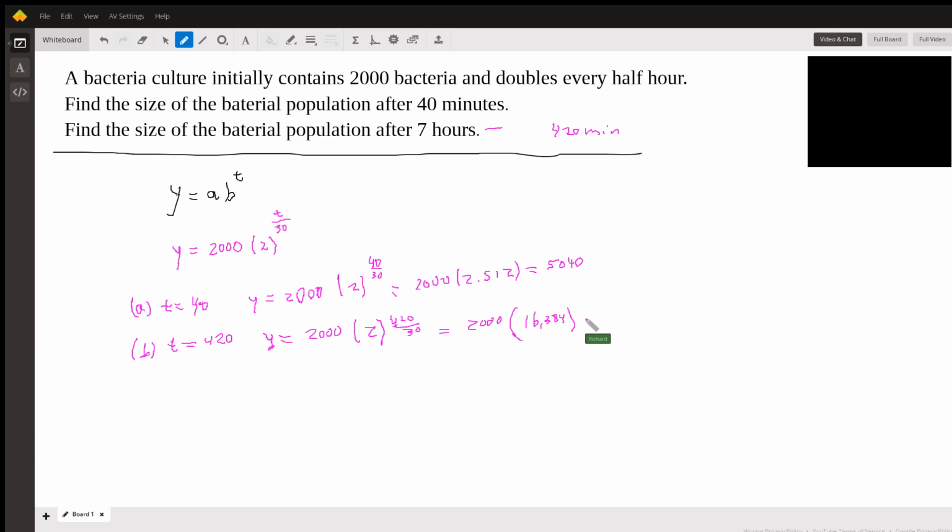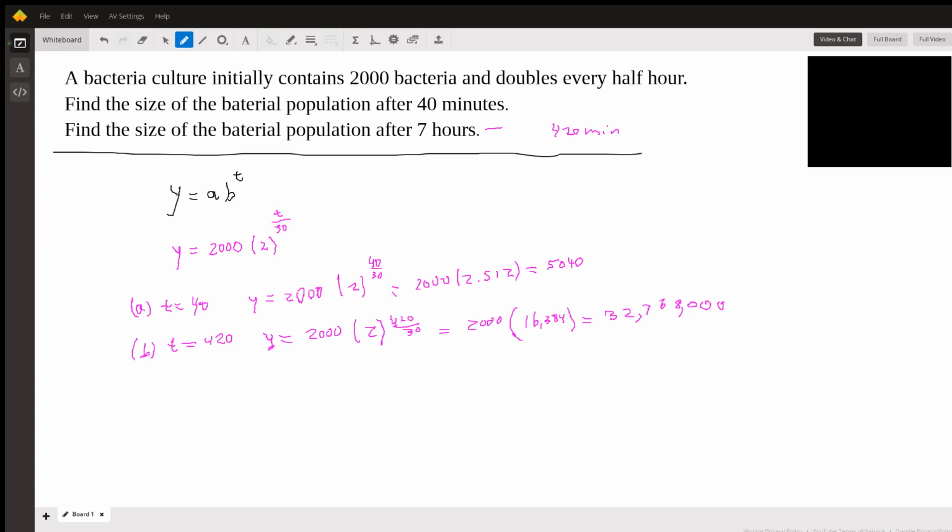Woo! Times 2,000 is 32,768,000. Ooh, okay, that's a big number. Put in our commas. So we've got 32.8 million bacteria after 7 hours.